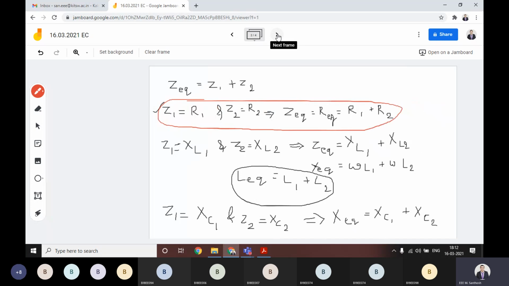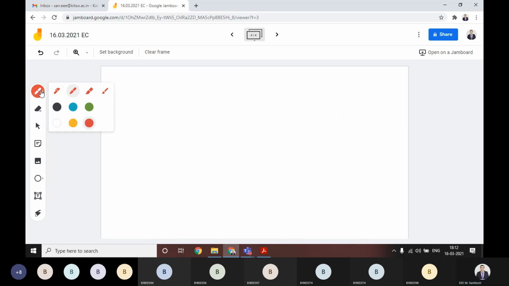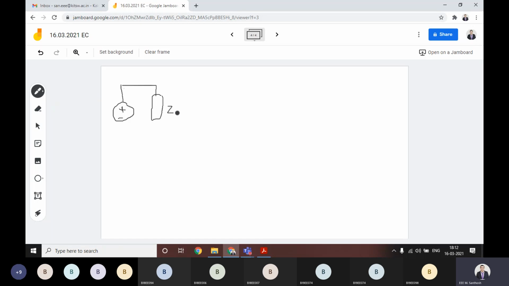But when you are talking about the parallel, the next thing is parallel connection. If you have the same voltage source, this is plus and minus. First you have Z1, then you have Z2, but both are in parallel now.